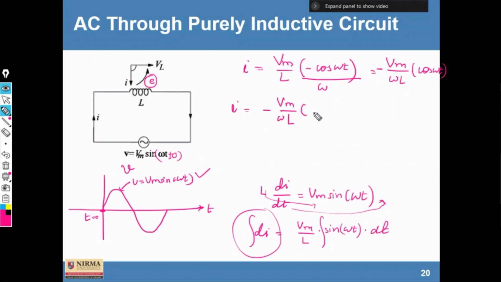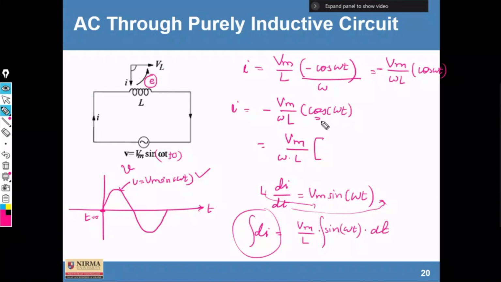Now, if I want to represent this cos term as a sine, we can write Vm upon omega L, where omega is 2 pi f, so 2 pi f into L. Then we can write this cos term as sine omega t minus pi by 2.